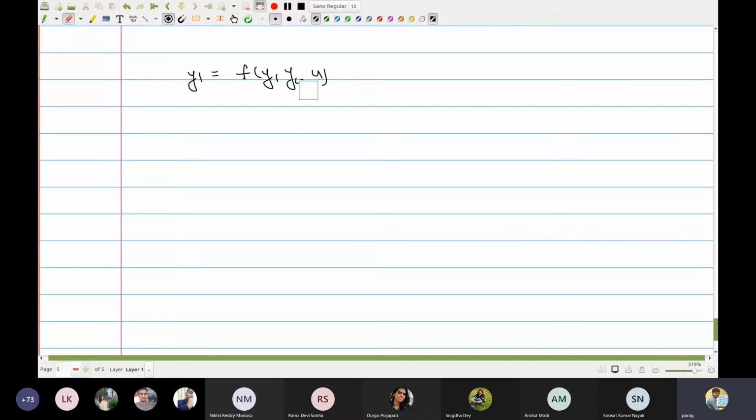The height of the liquid in tank 1 is not only a function of height of the liquid in tank 1, it is also a function of height of the liquid in tank 2. Whereas now I say y2 is another function of y1, y2. This will always happen, but there is nothing coming directly from u to the second tank. So therefore you are not writing this as a function of u. U disturbs only the first tank.